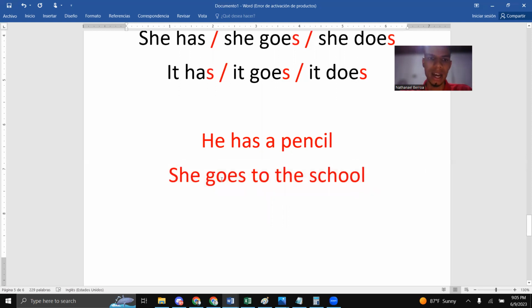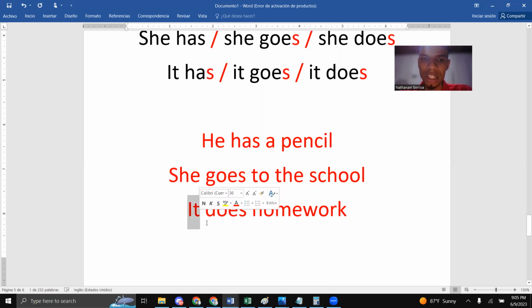Ella va a la escuela. Aquí ya no sería go, sería goes. And the last one, it does homework. Eso hace tarea. Ya no sería do, porque estamos hablando con it, y sería it does homework.